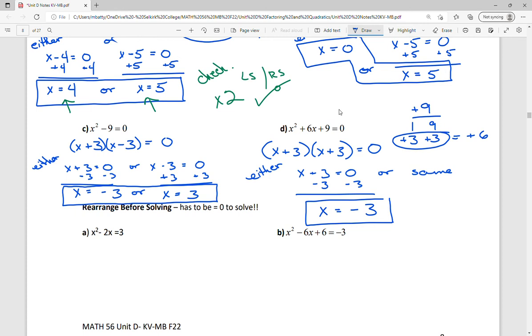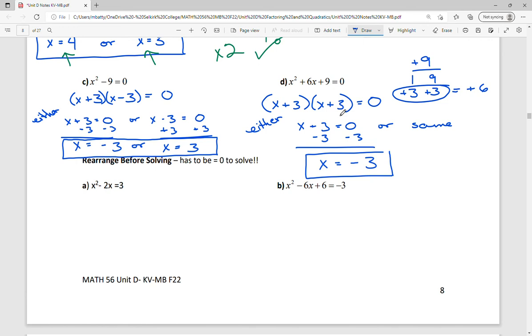The last two on the page have one extra little wrinkle to them in that they are not set equal to 0. So you can't do the zero product principle. In order to get these solved, we have to actually rearrange first. So if I were to subtract 3 on both sides, I would get this set equal to 0.